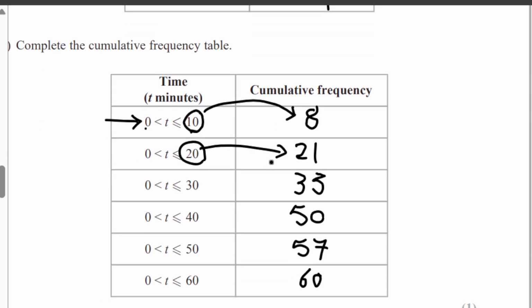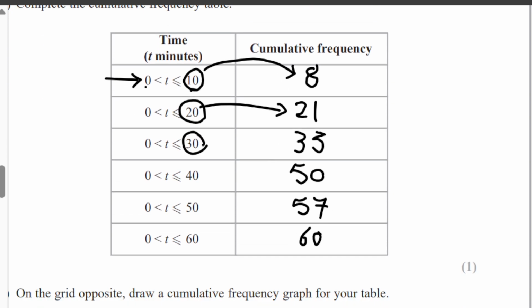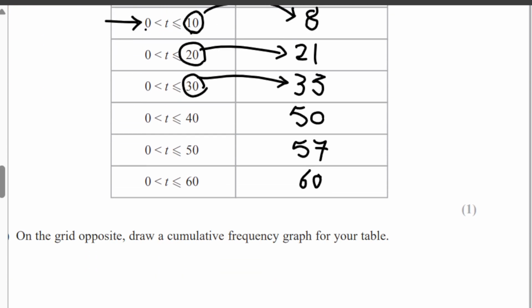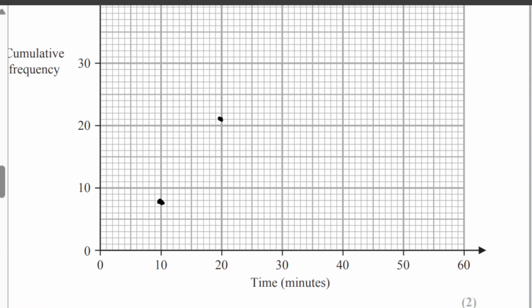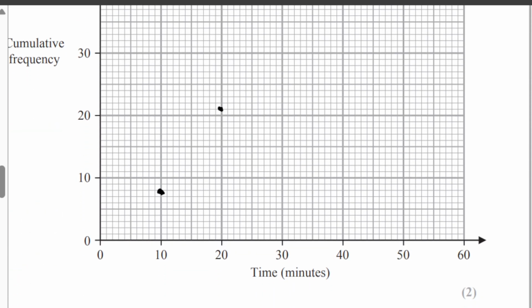The next one is 30 and 33. So this is 30 and that's 30. So this is 1, 2, 3. This is 30 and 33.